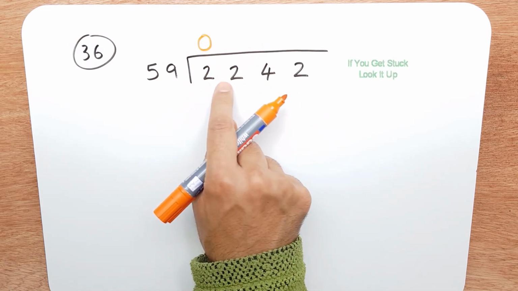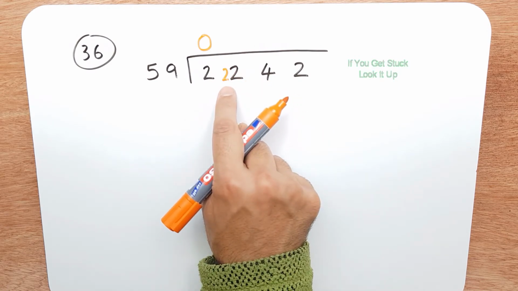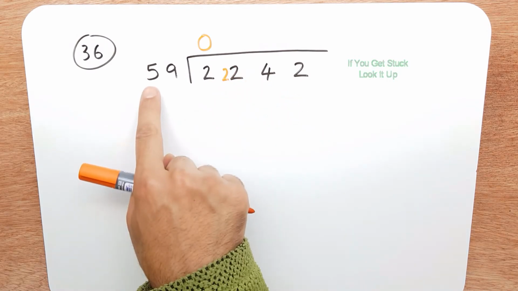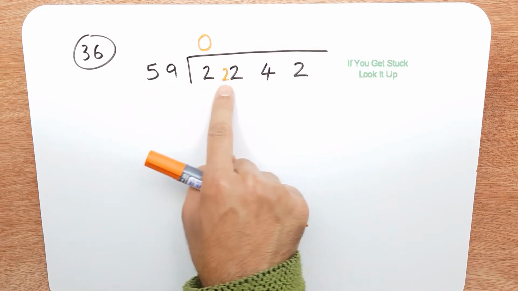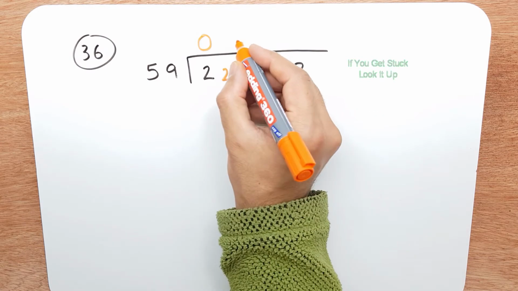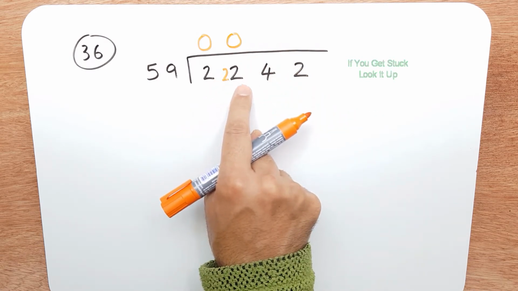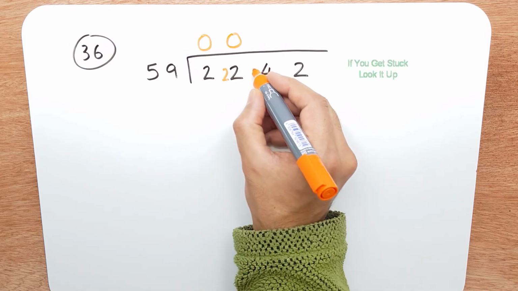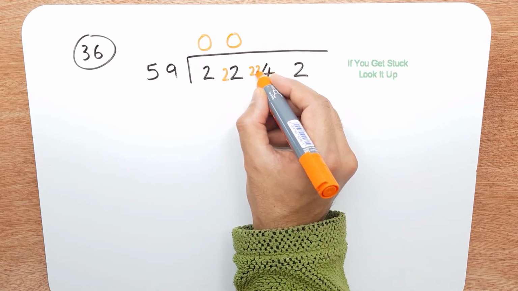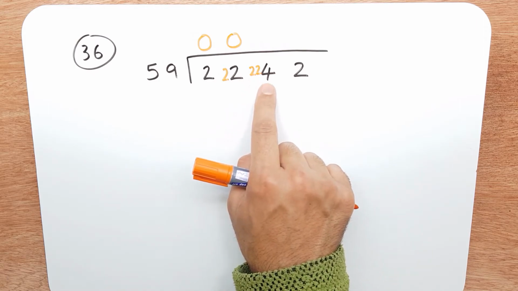So that 2 gets carried over, so it becomes 22. Now again, how many 59s are there in 22? We can't get a 59 from 22, so we put a 0. Now this 22 gets carried over to the 4, so carefully put down 22. So now we have 224.